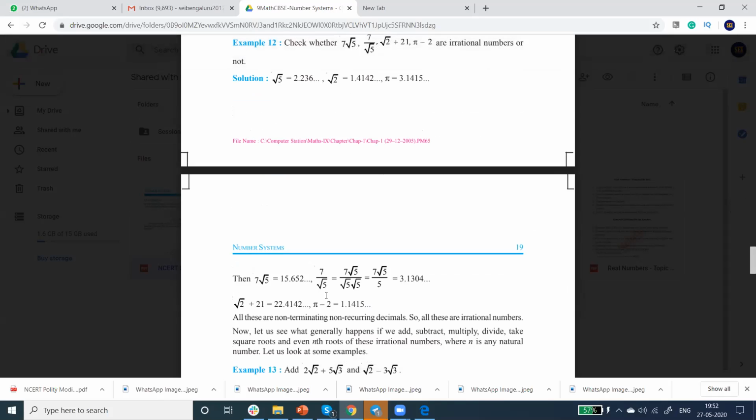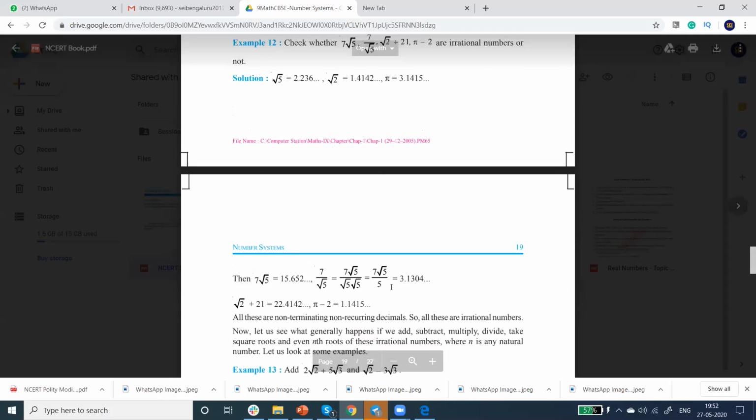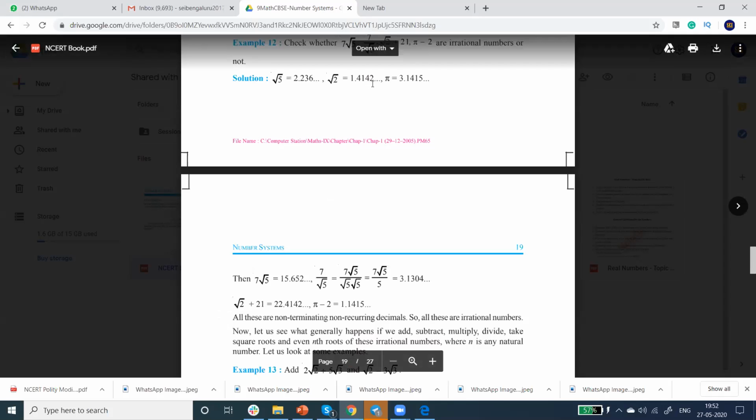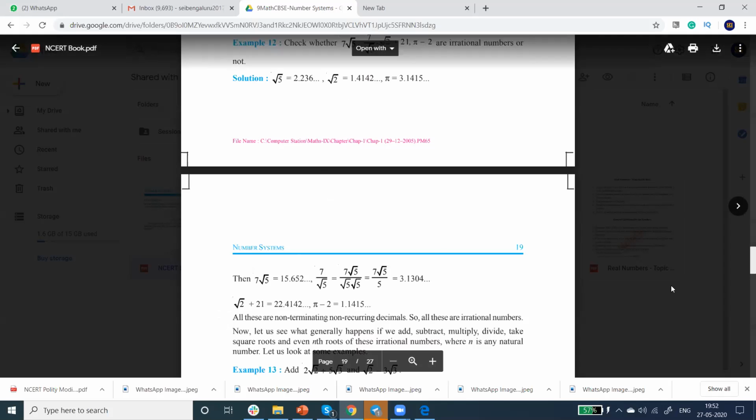Now 7 by root 5: multiply by root 5 by root 5, which means 7 root 5 by 5, which is 3.1304. Now root 2 plus 21: root 2 value 1.4142 plus 21, 22.4142. Pi minus 2: pi value 3.14 minus 2, 1.1415.